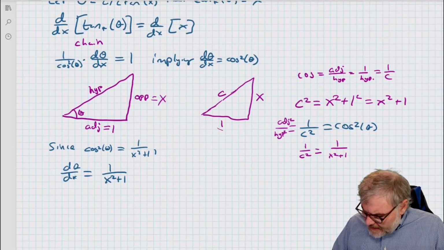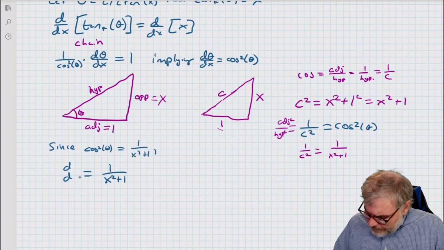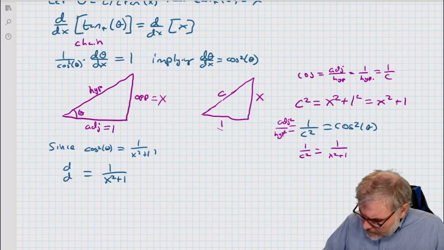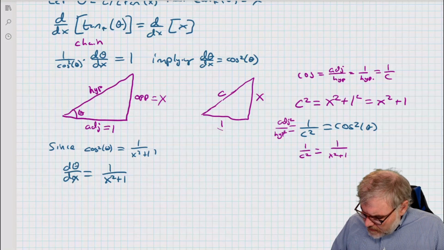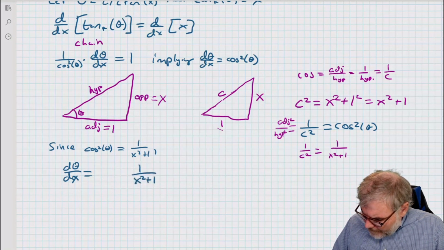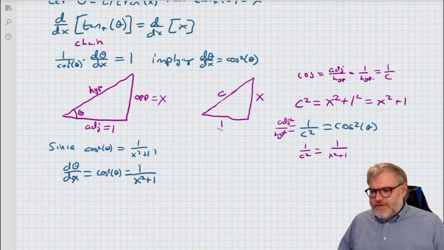That means that my d theta over dx equals 1 over x squared plus 1, and there's my final answer.